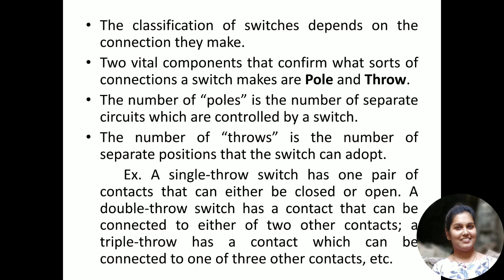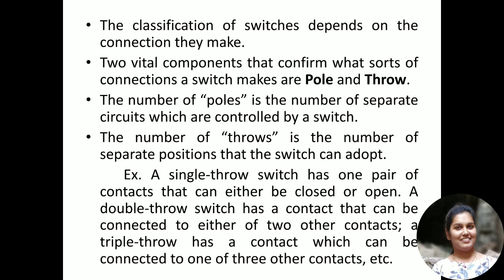For example, a single throw switch has one pair of contacts that can either be closed or open. This example confines to a normal switch which we use to switch on and off fans or lights. That kind of switch is a single throw switch where we either turn on or off, that is, only one connection or one circuit is connected, either one light or one fan or one load.